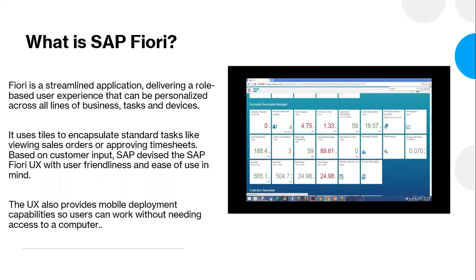You have access to a lot of what we call tiles. You can search for data easily, unlike the ECC platform where you have to go through the easy access. With Fiori, you just search and information is gotten on the go, and it's fast and it's smart.